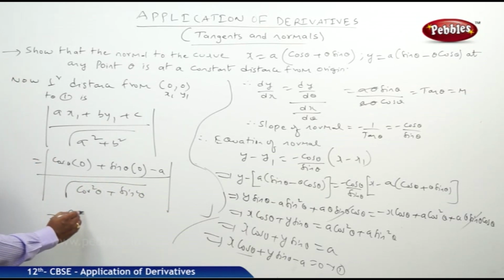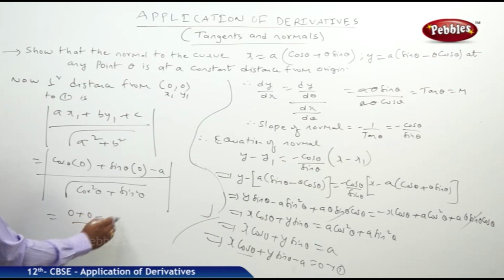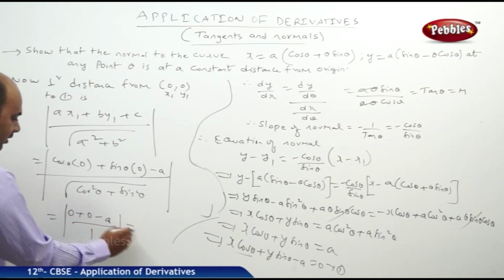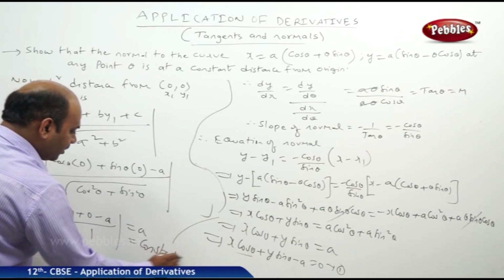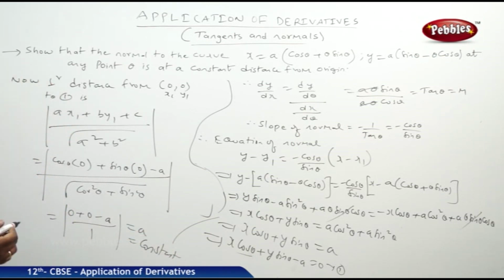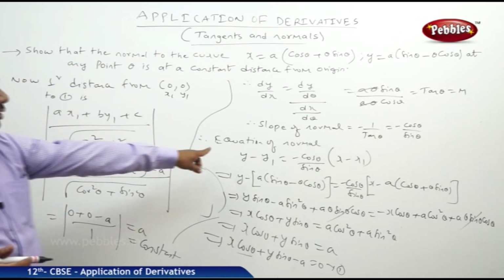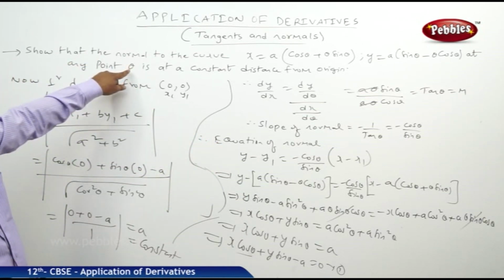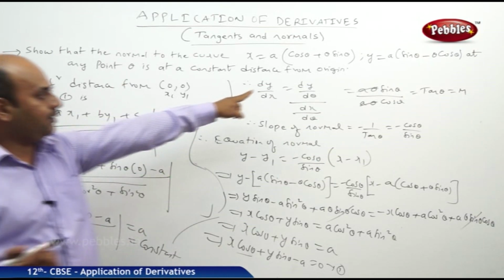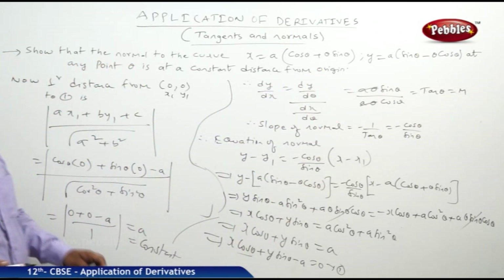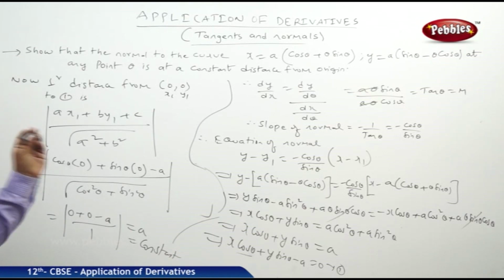So this will be 0 plus 0 minus a by 1. This is minus a, and outside will be modulus, that will be a, which is constant. So very beautiful. If you could observe carefully, first we have found out the equation of the normal at a point theta, and it is at a constant distance a from origin. Very important. It's an essay type question. Please go.